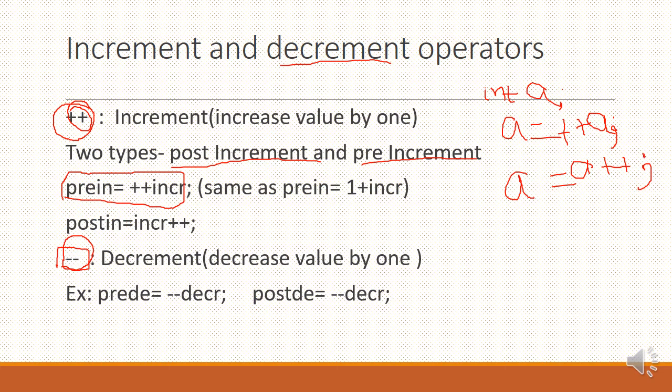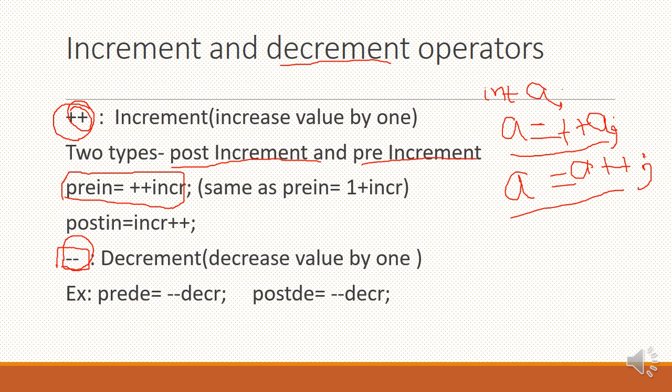But what is the difference between these two? The writing is one difference, but is there any other difference? Yes, there is one main difference in the execution. In C programming, when this line executes, a pre-increment first increases the value.